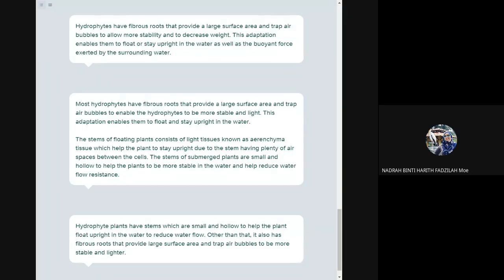Kalau kita tengok pada gambar, for free floating plants macam water lettuce atau water hyacinth, to enable it to float dan dia punya stem pun tak panjang, jadi dia punya root have to be fibrous and can trap air bubbles, barulah boleh float. Okay, kemudian itulah dia punya support untuk floating plants.